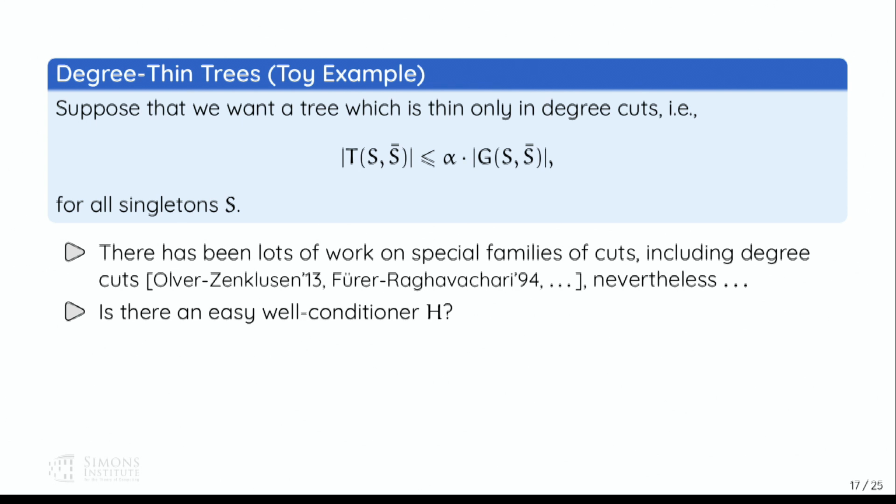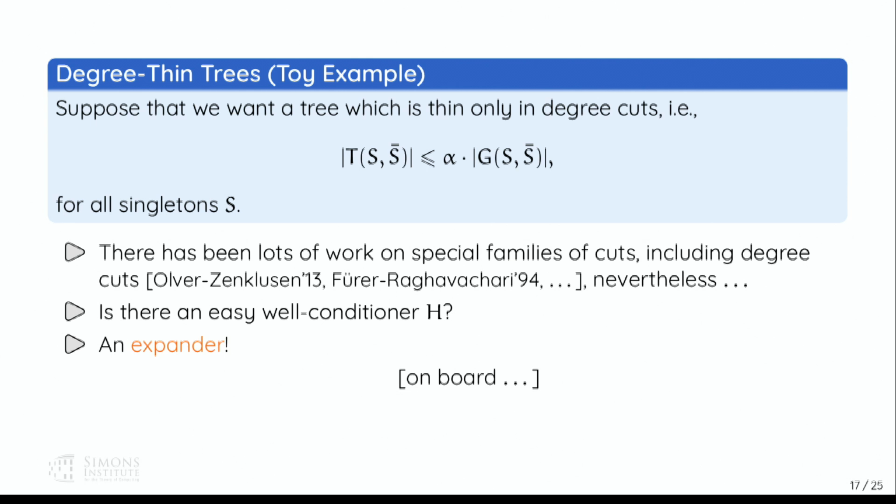But this is just to demonstrate this framework. All of these methods are more combinatorial and don't follow this. So is there a graph or a matrix D that we can add to our graph which doesn't blow up the degree cuts but makes sure that the effective resistances become small?